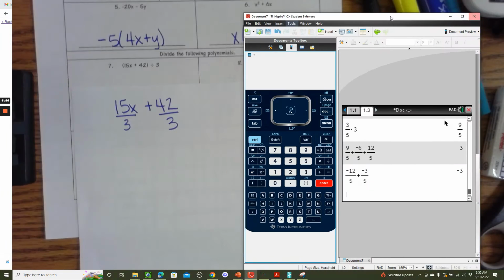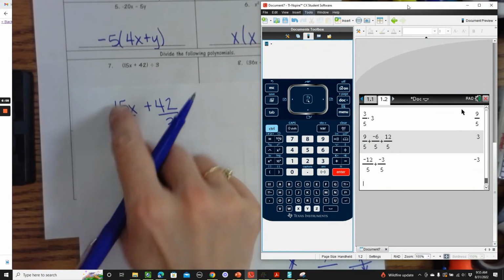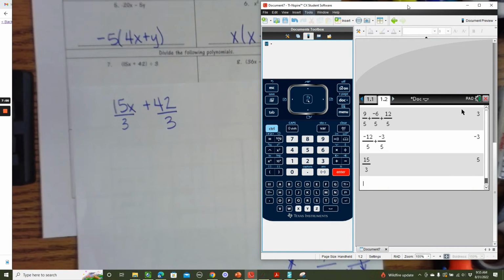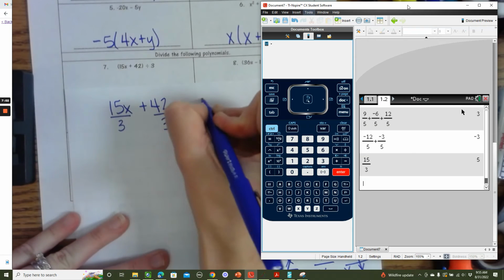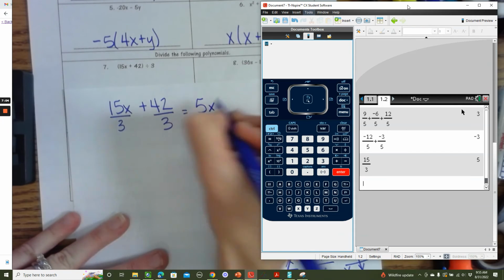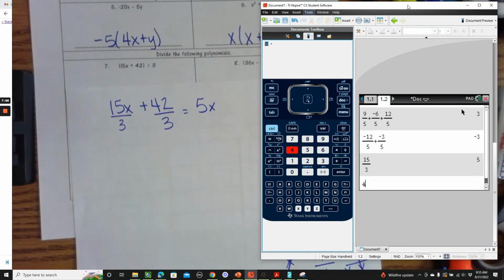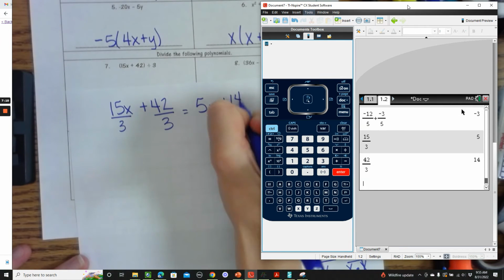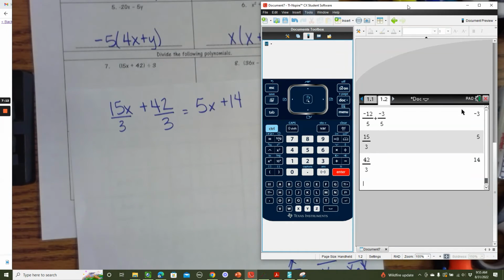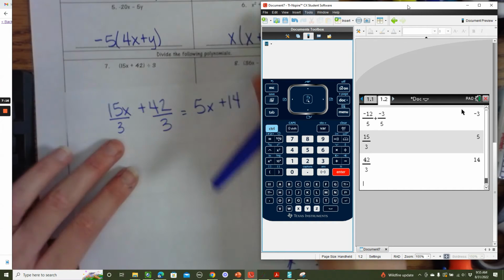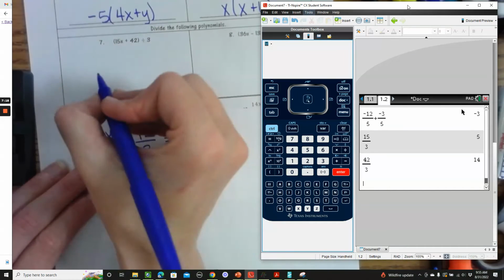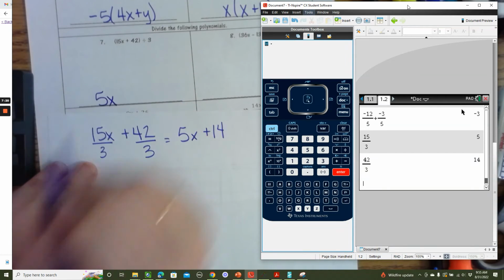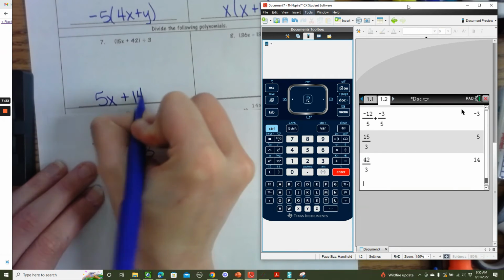So if I do 15 divided by 3, I get a 5, keep the x, and then 42 divided by 3, I get a 14. Again, it's working backwards from what we've been doing. So this one, 5x plus 14.